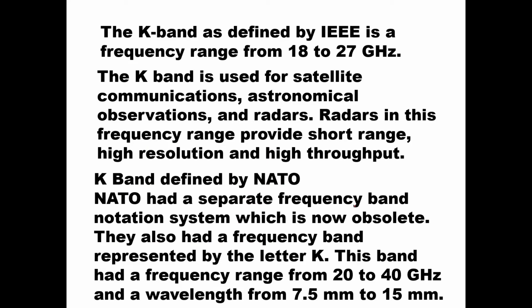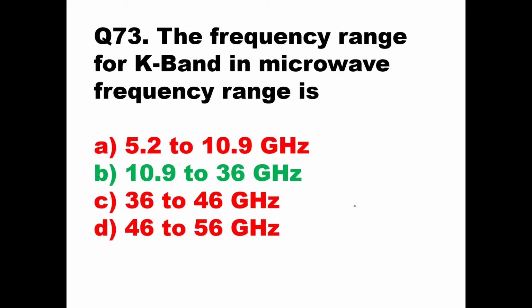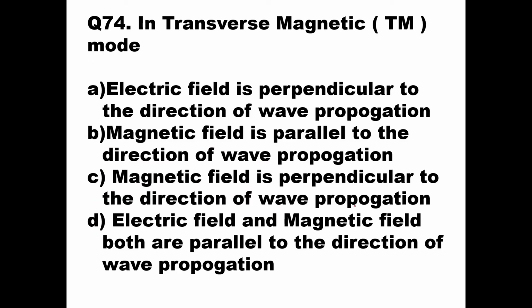But if you consider K band defined by NATO, 20 to 40 gigahertz, then we can approximate option B as 10.9 to 36 gigahertz. So this answer is not specific, it is approximated. Then we'll go to the next question.